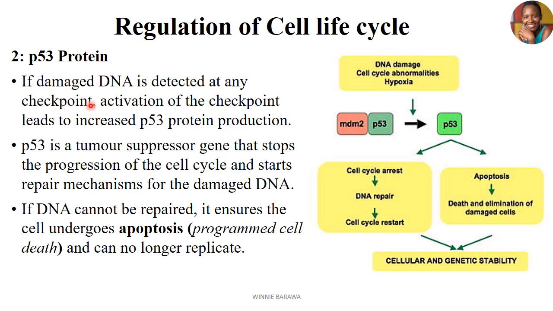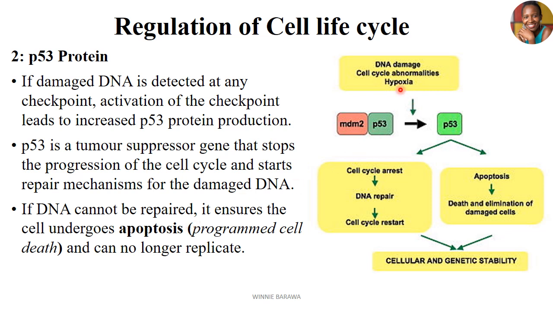If the DNA fails to repair, we will now kill the cell, or let the cell undergo a process we call apoptosis. Apoptosis means programmed cell death, so we allow the cell to die, and it will no longer go further with replication.